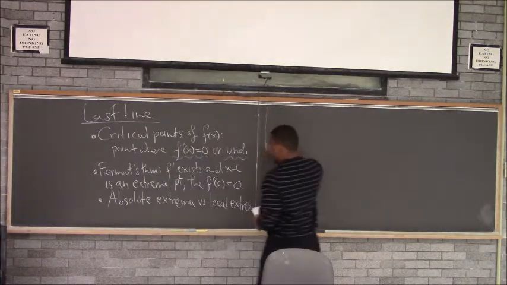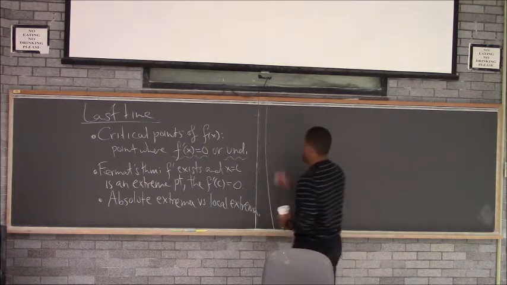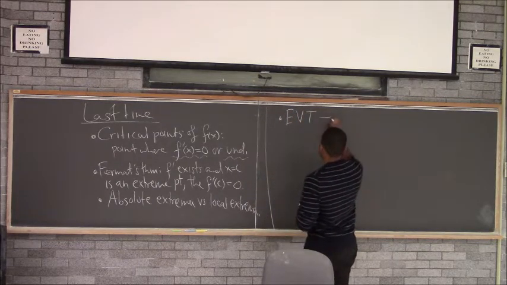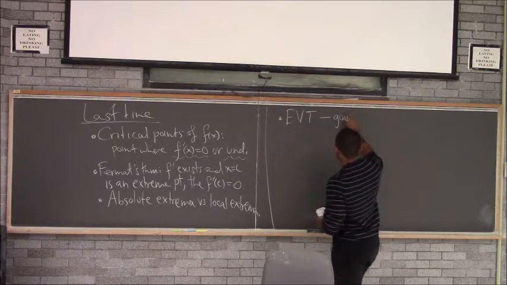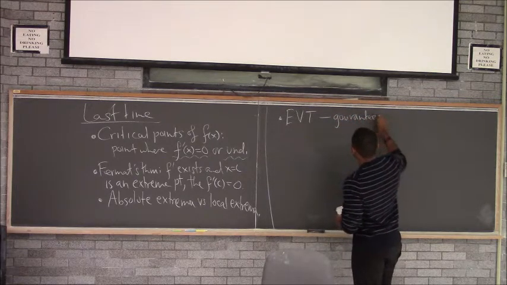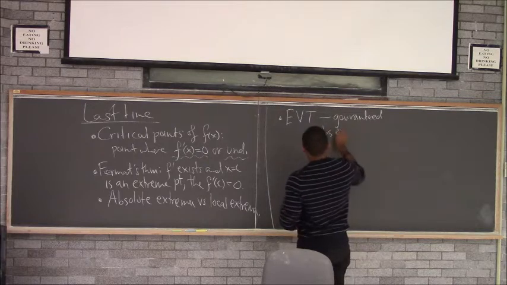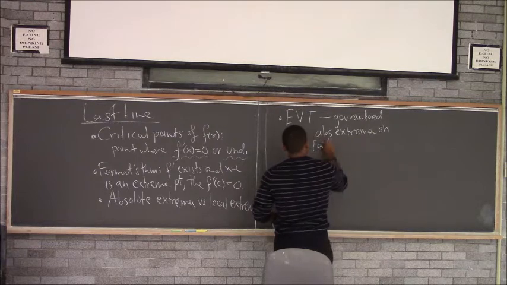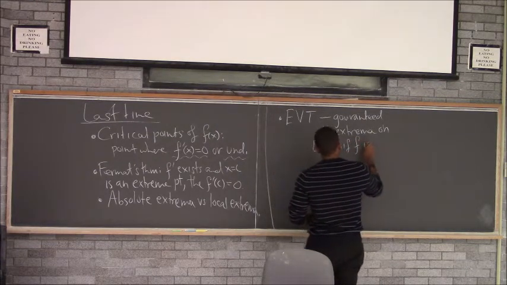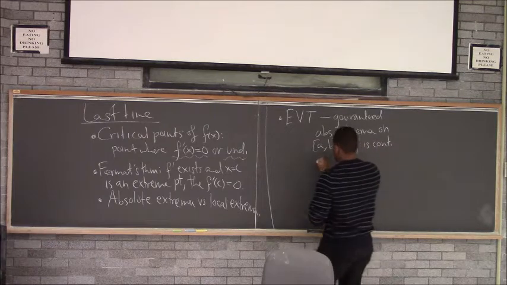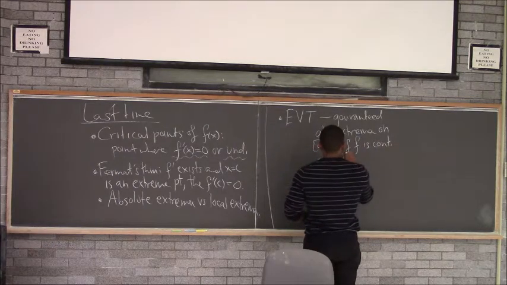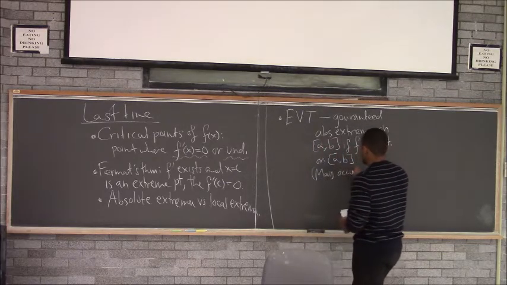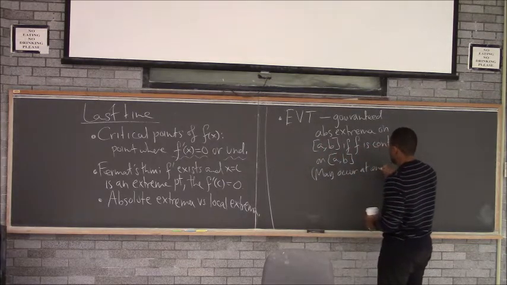And we saw something called the extreme value theorem that says we're guaranteed absolute extrema on [a, b] if f is continuous on [a, b], with the understanding that it may occur at the endpoints.